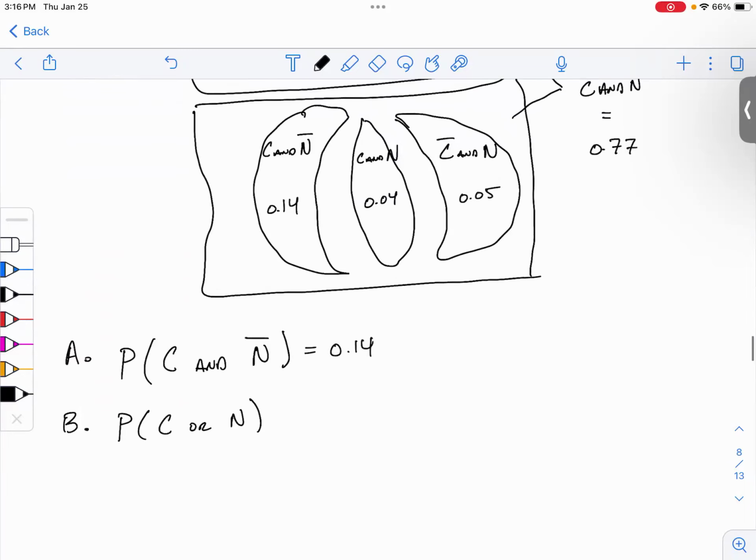So what is the probability of C or N? Or wait, no, that's C and N. So travel to California or New York means travel to California or New York or both. Close. One or the other or both.